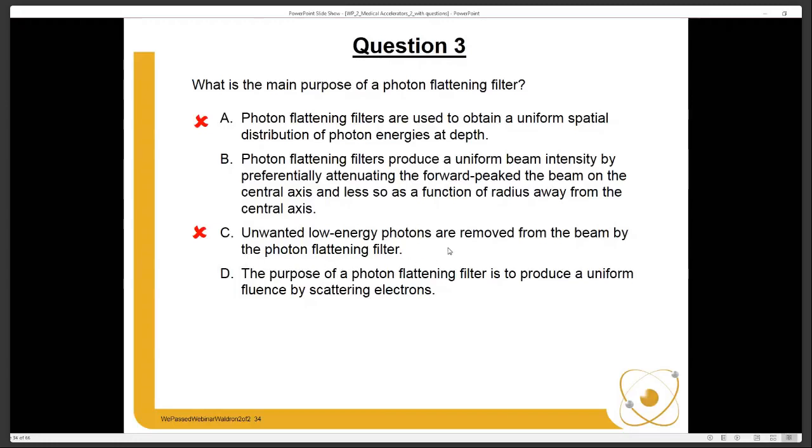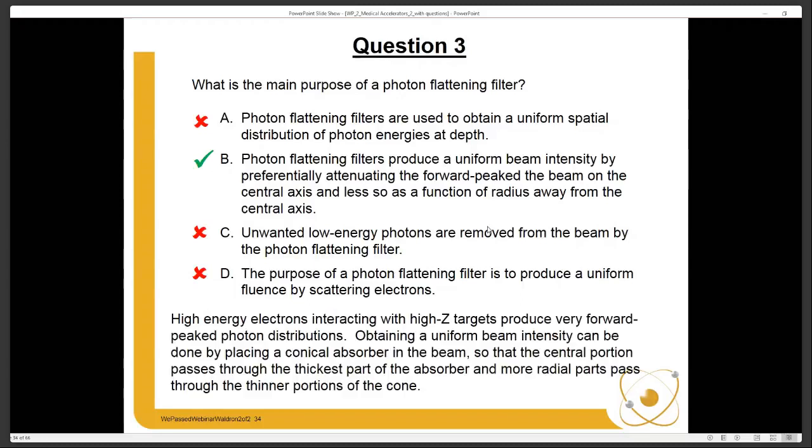Well, some low-energy photons are removed, but that is not its main purpose. Is it to provide a uniform fluence by scattering electrons? No, that's not its primary purpose either, although that's probably going on. The main function is to correct for the fact that we have a very forward-peaked beam by preferentially attenuating on the central axis and attenuating less as we increase in radius from the central axis.